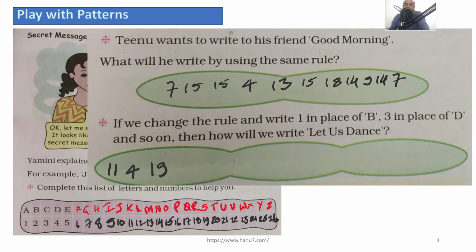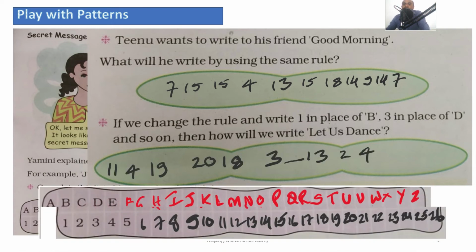The task here is we have to replace the rule in such a way that, for example, instead of taking 1 at A, you now take 1 at B. Now C will become 2, D will become 3, E will become 4, 5, 6, 7, and so on up to the last letter, which will become 25, and the 26 is left. There is nothing assigned to that. And A is also left.